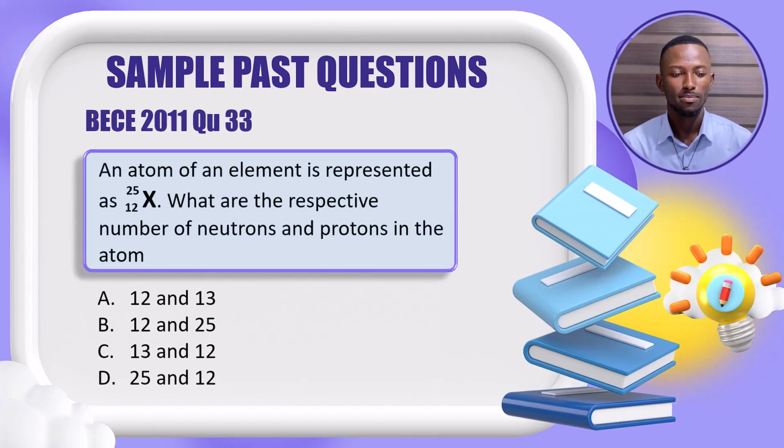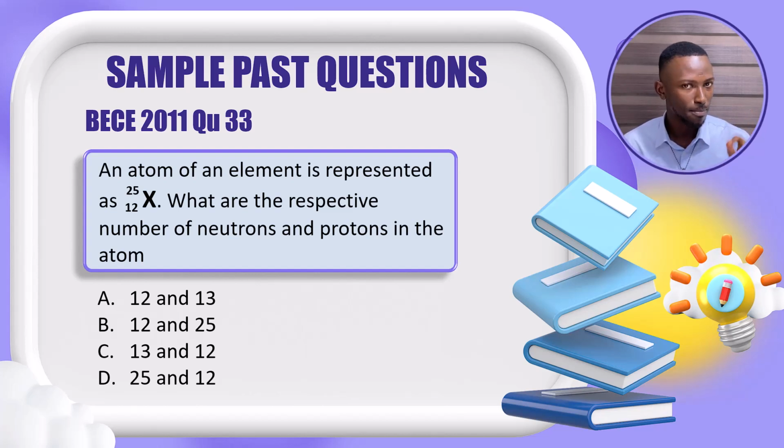Our next question is this. An atom of an element is represented as X with subscript 12 and superscript 25. What are the respective numbers of neutrons and protons in the atom? From this question, we can see that the number of protons is 12, because the atomic number of this element is 12.